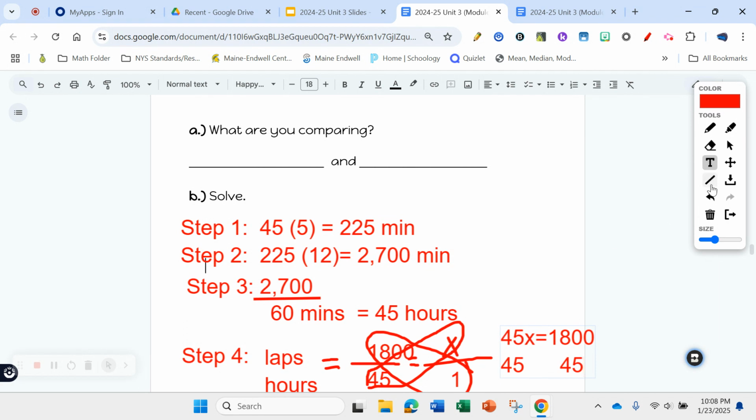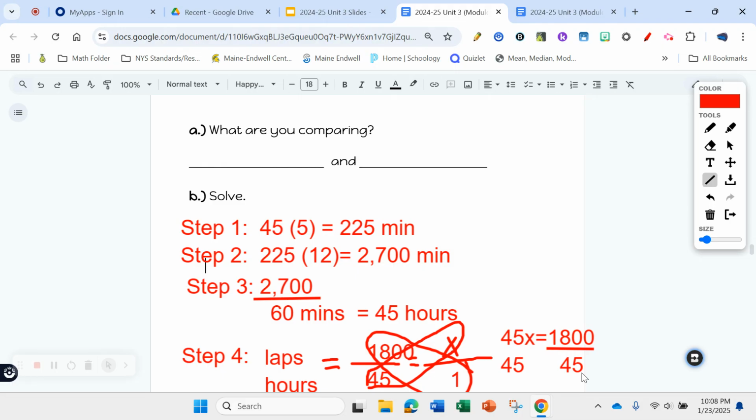So you're dividing by 45. What's 1,800 divided by 45? What should you get on your calculator? Isn't it 60? No, 30. I'm crazy. 1,800 divided by 45.